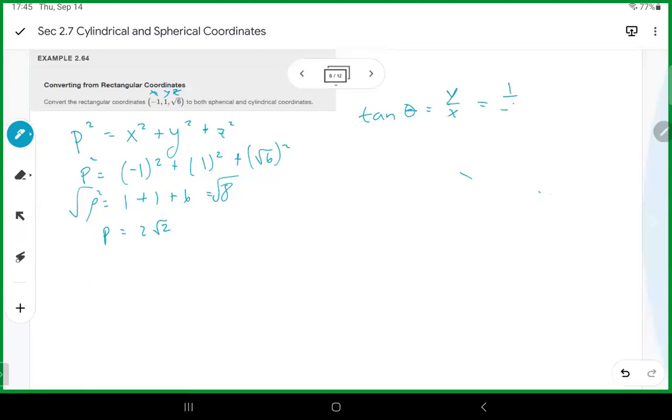So that's 1 over -1. So then theta equals the arctangent of -1, which is 3 pi over 4.